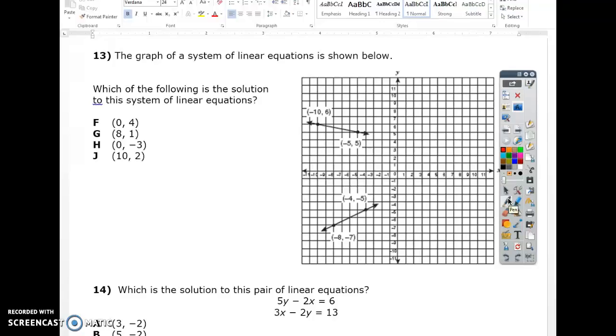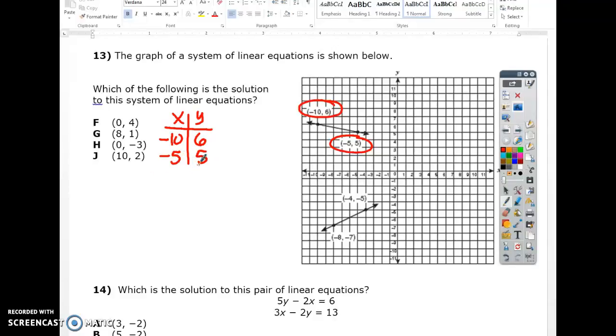You can continue the line doing the rise over run, right? Continue the line. This one too, continue the line, rise over run, and see where they cross. Or you put these two in stat. So let's make a table. That's negative 10, 6, and negative 5, 5.